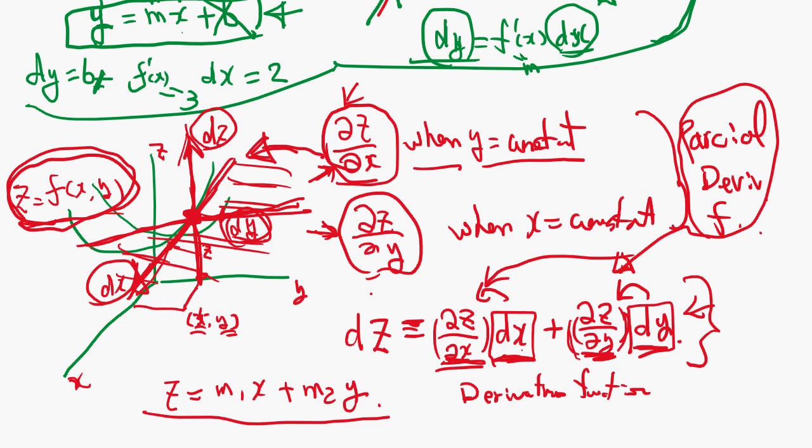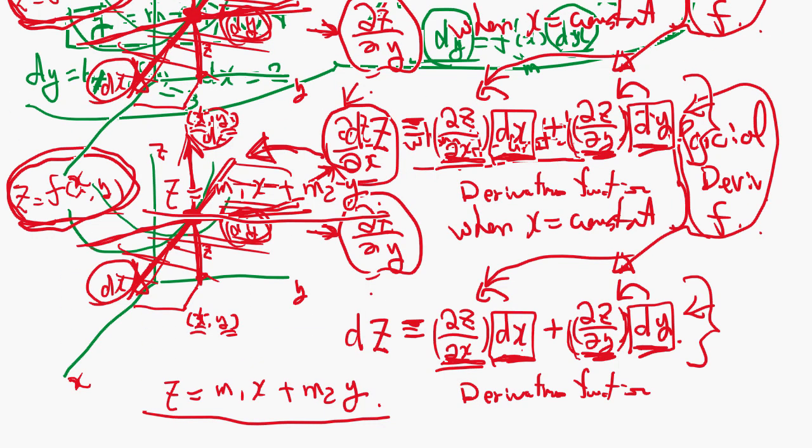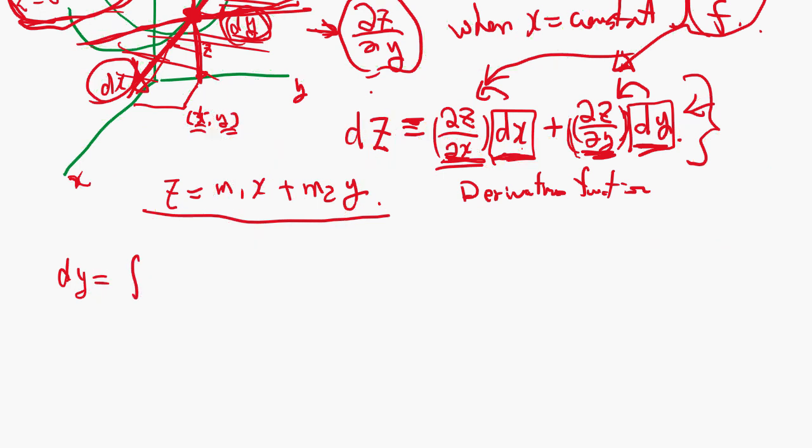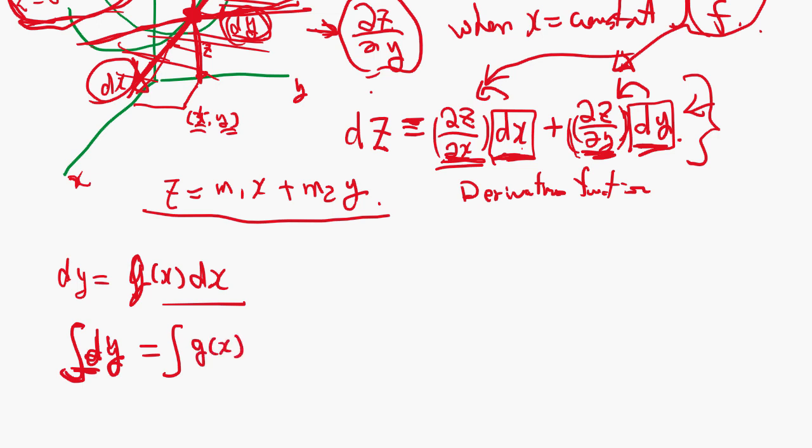Okay, so if you run the integral, it's the same thing. dy equals some kind of g(x) dx, right? And the integral of dy, y integral. This is the operator, they call it an operator. This cancels out. In order to cancel out, you have to take a derivative. Integral of this function.